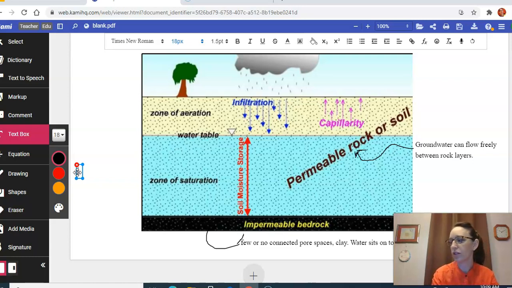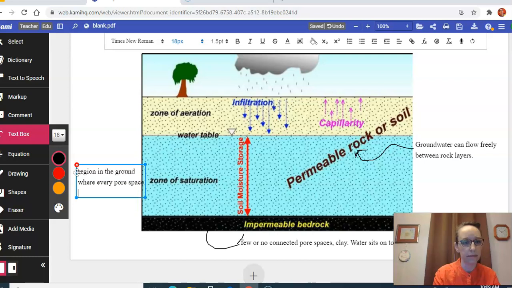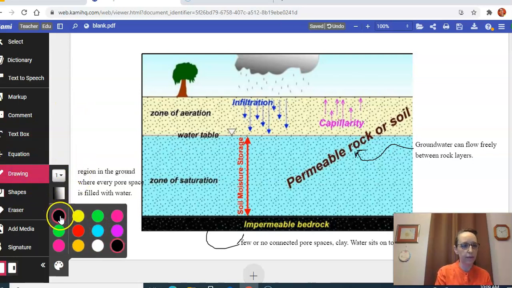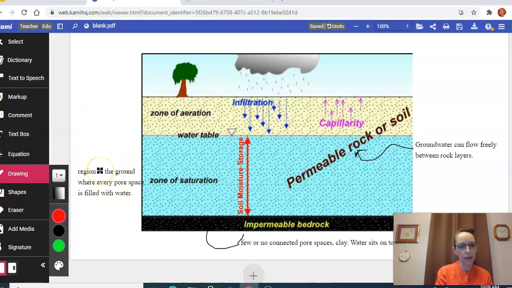So our zone of saturation is going to be that region in the ground where every pore space is filled with water. Okay, and that is our, let me do a different color. Here we go. Our zone of saturation. Region in the ground where every pore space is filled with water.